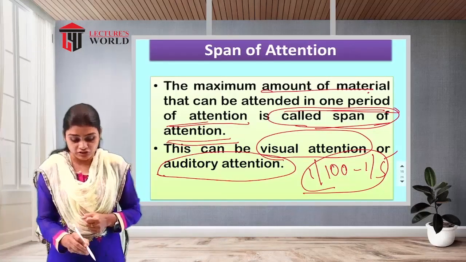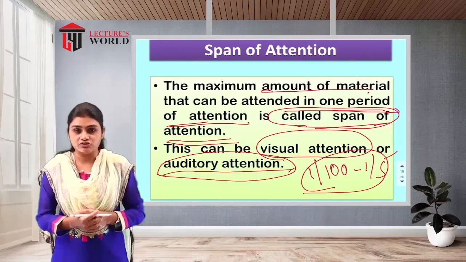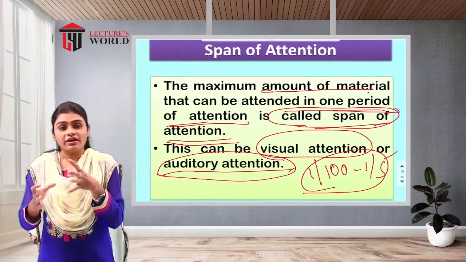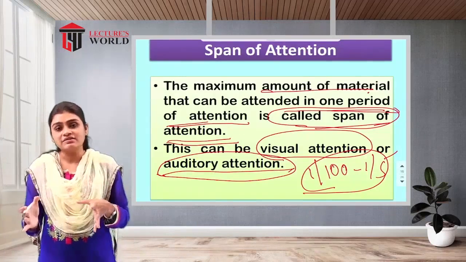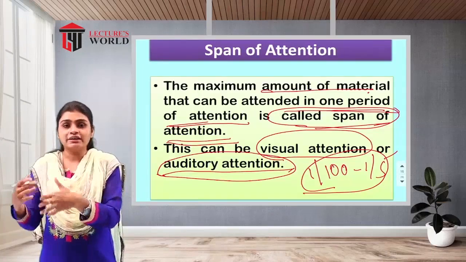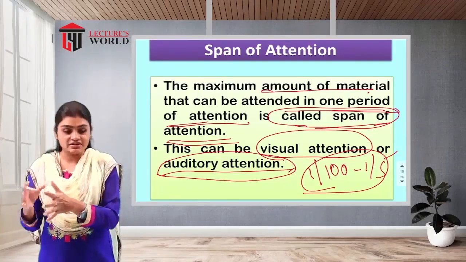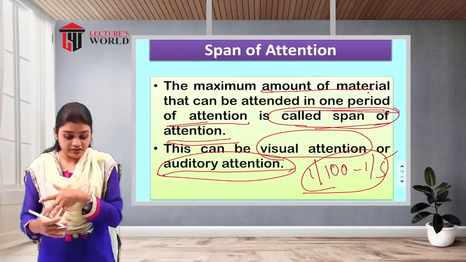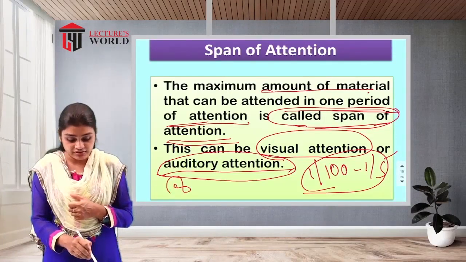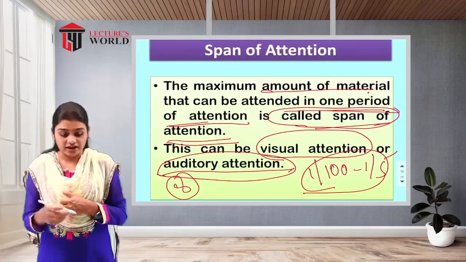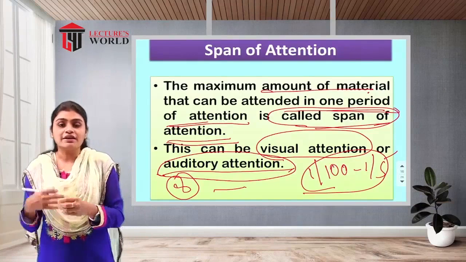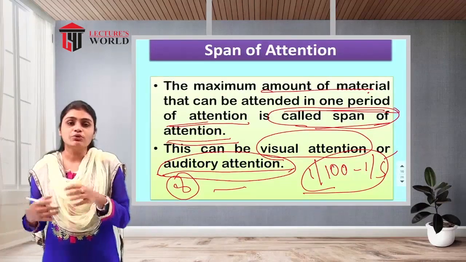If we talk about auditory attention, when statements are told with repetition and succession, we will only be able to memorize 8 statements. If the statements are told in a rhythmic manner, we will be able to memorize more than 8.